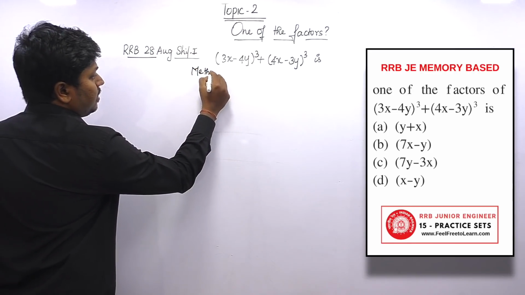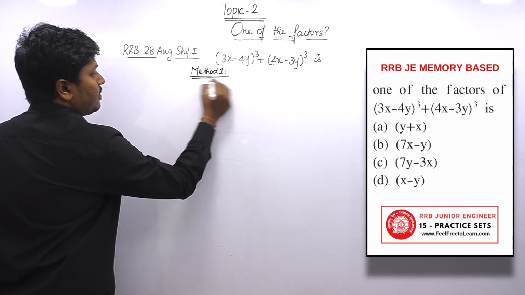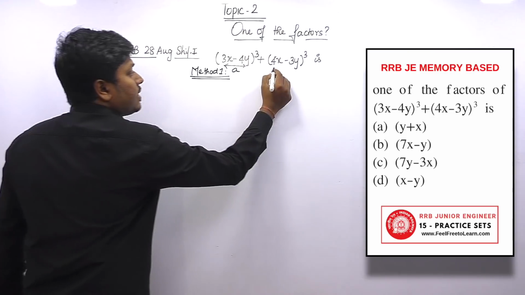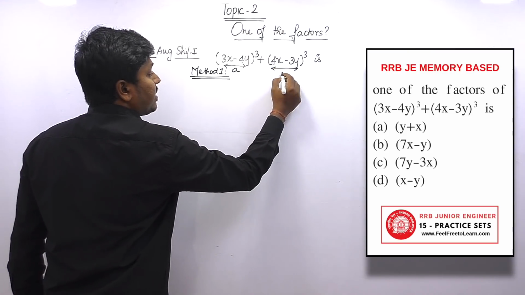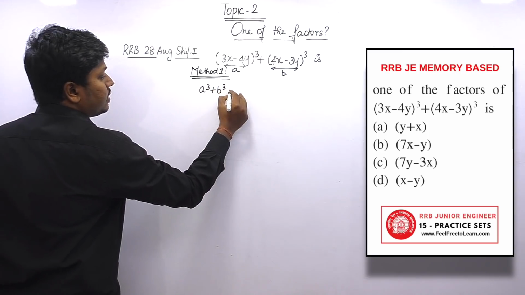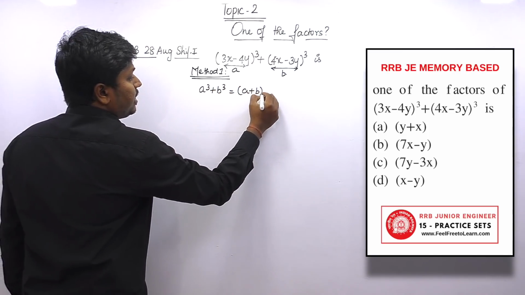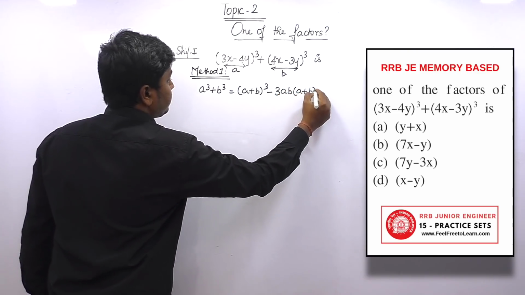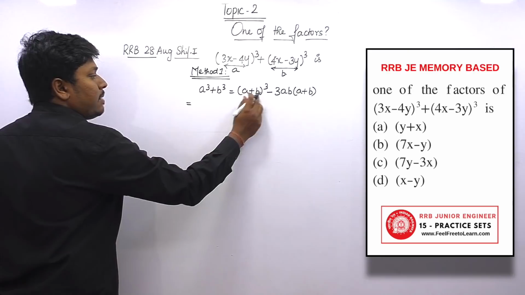So method number 1, what I have told you now is, first consider the complete term 3x minus 4y as a, and consider the second complete term, that is 4x minus 3y as b, and apply the formula, that is a cube plus b cube will be a plus b the whole cube minus of 3ab into a plus b. So we can directly apply this, a plus b the whole cube.